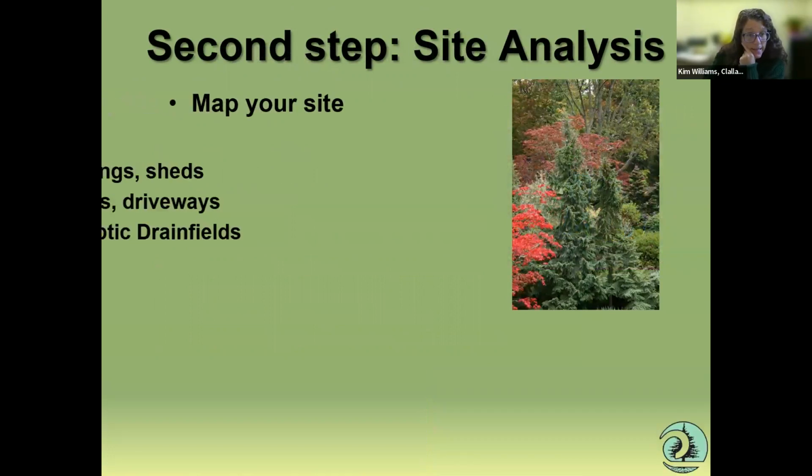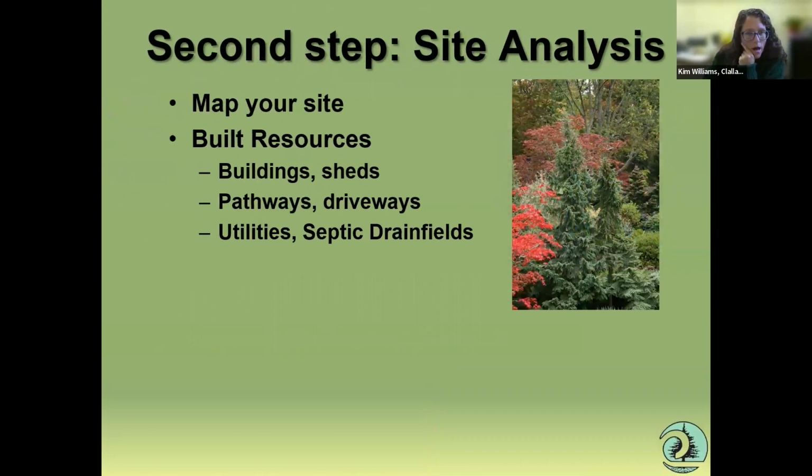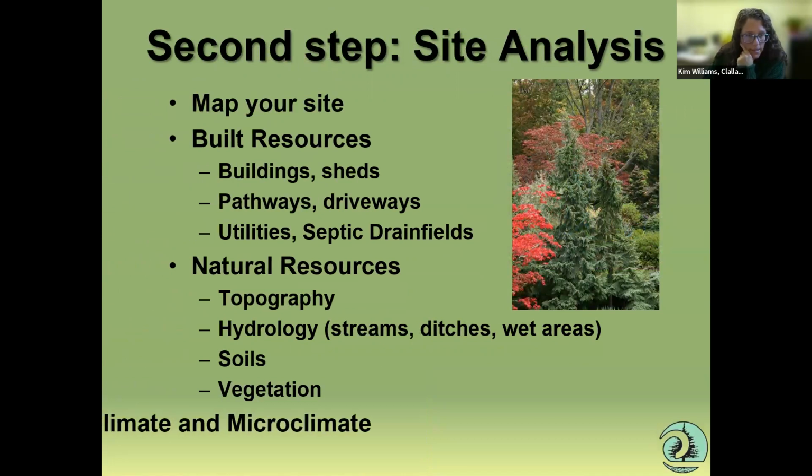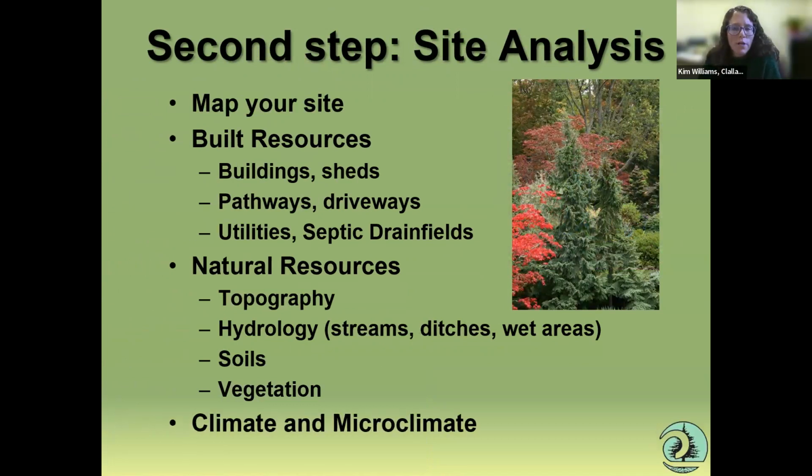So the second step, you need to do a site analysis. So we're going to go a little bit in depth into this. You need to map your site and notice where the built sources are, your sheds, your pathways, where your drain fields are, your septic, your utilities, and also note your natural resources.